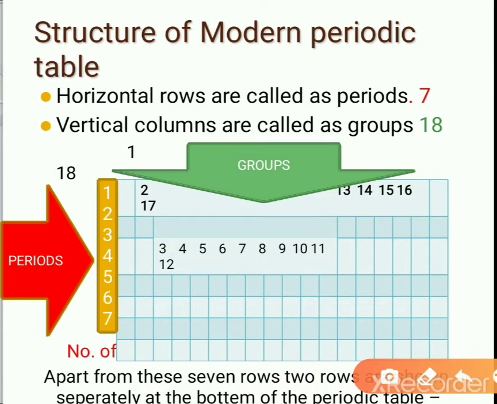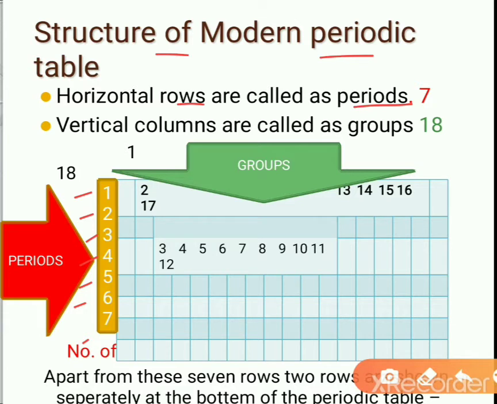Now students, here you can see the structure of the modern periodic table. Horizontal rows are called periods. There are 7 periods in the modern periodic table given by Henry Moseley. And vertical columns are called groups, and here are 18 vertical columns.